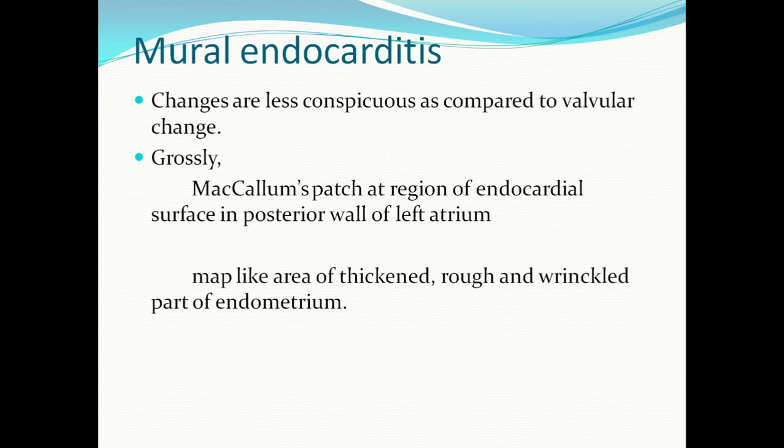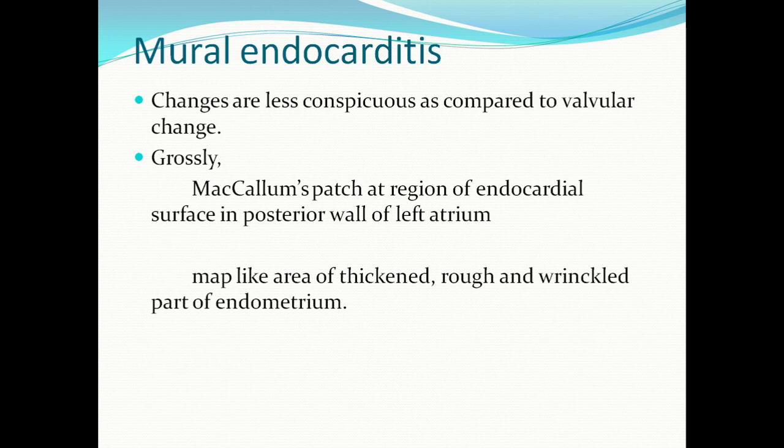In mural endocarditis, the changes are less conspicuous as compared to valvular change. So in endocarditis, the first region is valvular endocarditis and the second one is mural endocarditis. Mural endocarditis is less severe as compared to valvular endocarditis. So grossly what happens in mural endocarditis?